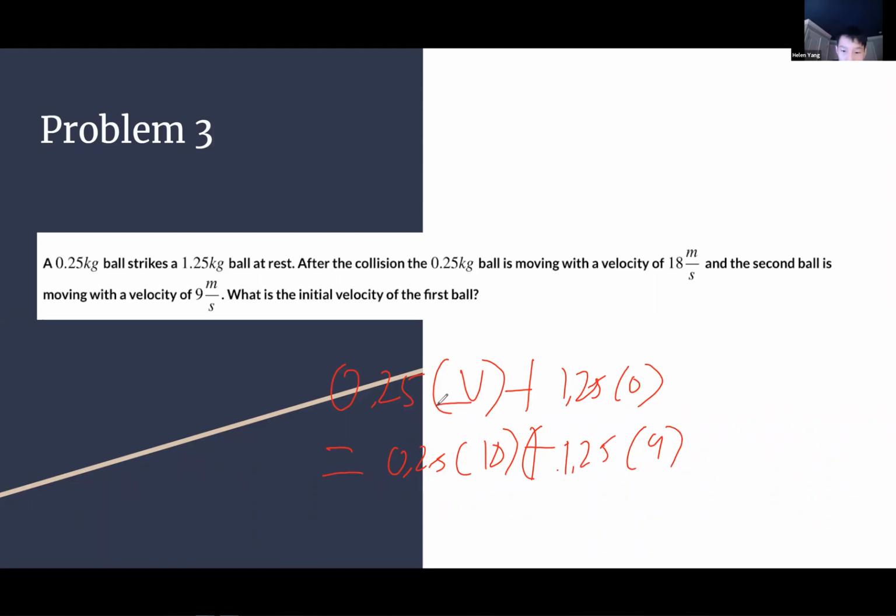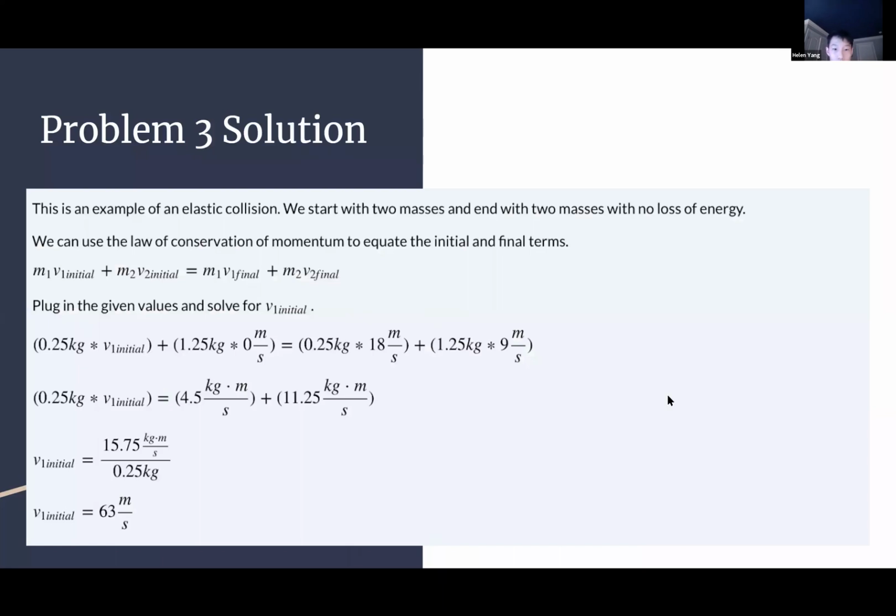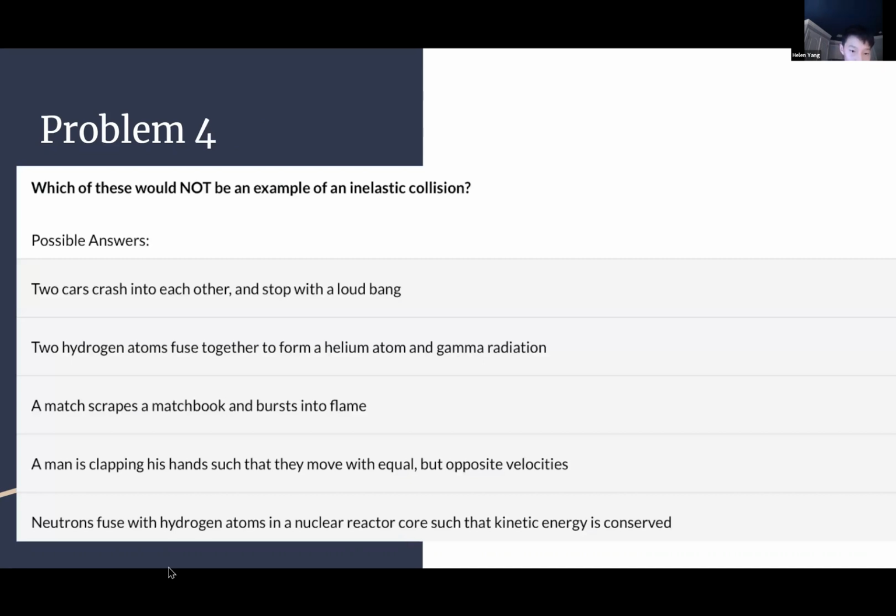And again, you can just find the velocity by doing it. And here's the solution right here. Question 4.